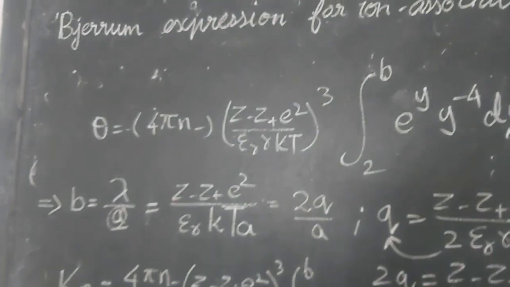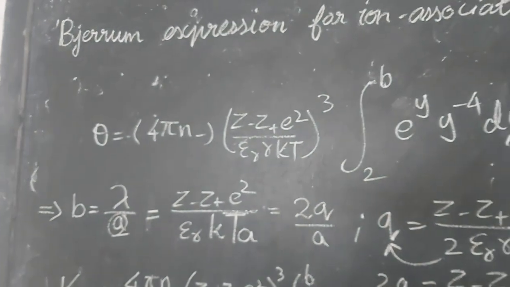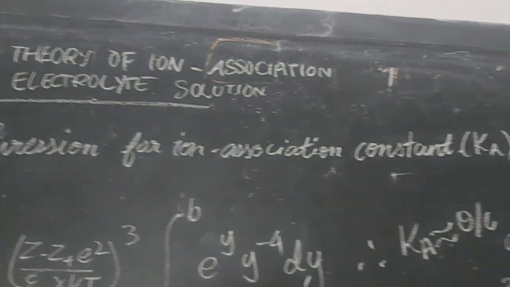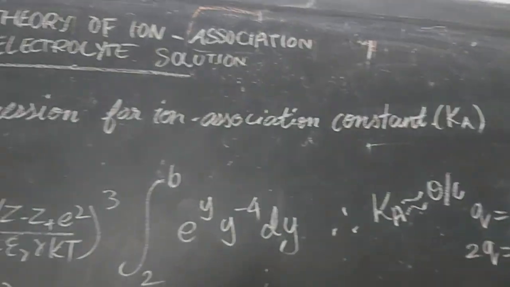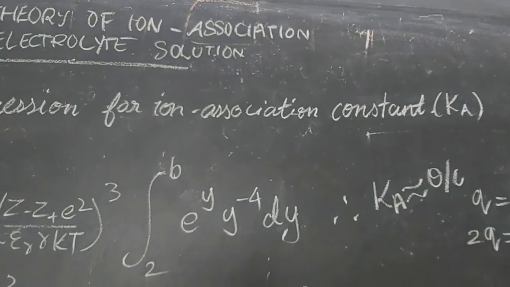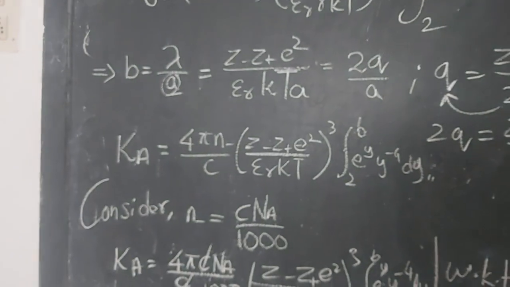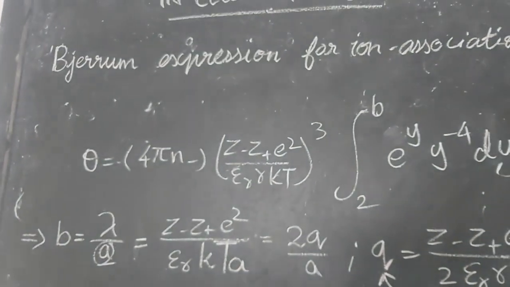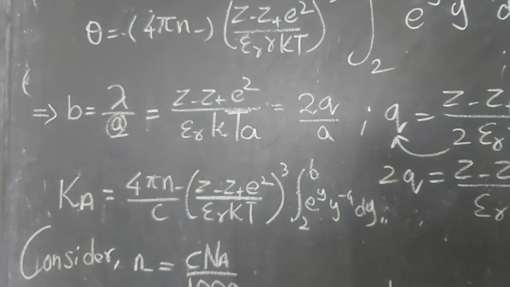And we are considering an equation for the ion association constant Ka in the presence of concentration C. Then we will get the same equation as this.